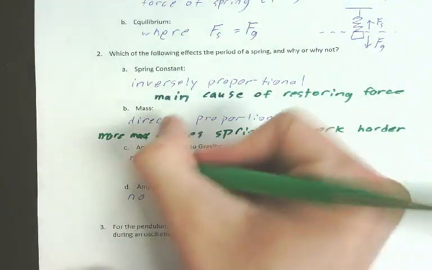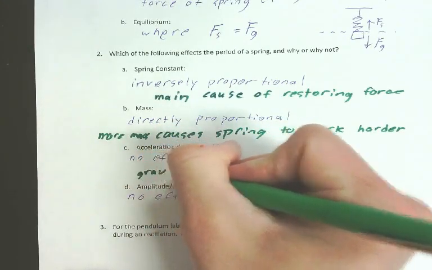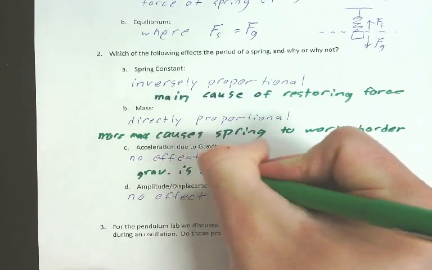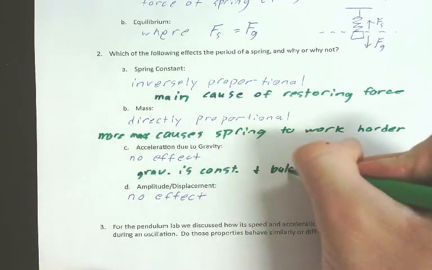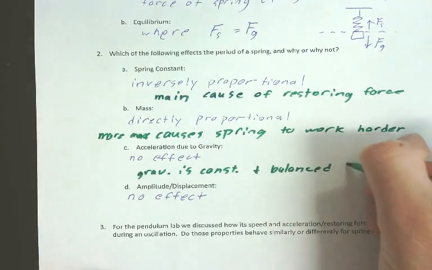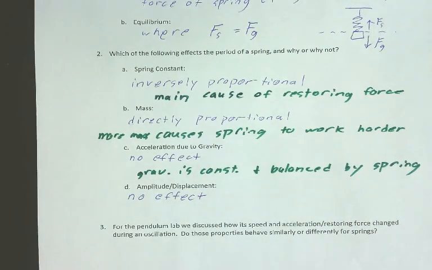So gravity is constant and balanced by the spring. So in space where there's no gravity, the spring force just doesn't need to balance it out at all, and so the spring just moves on its own, whatever it is.